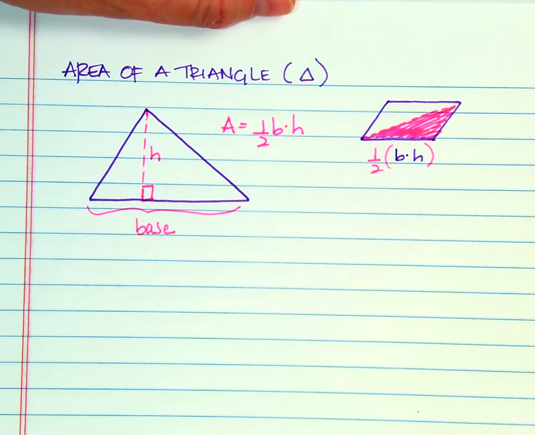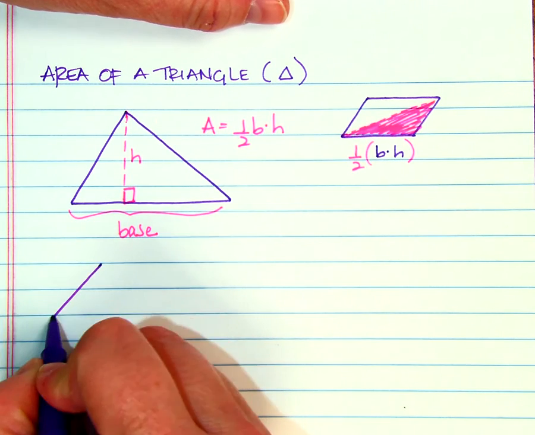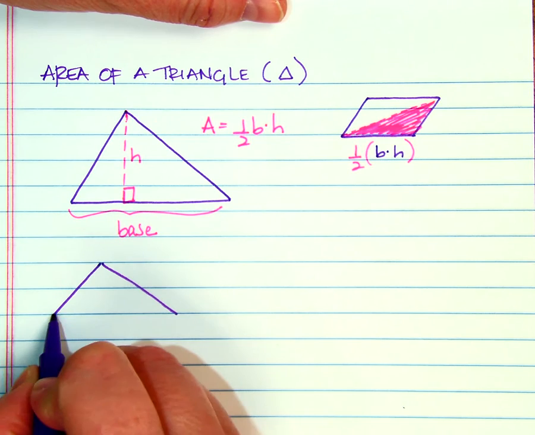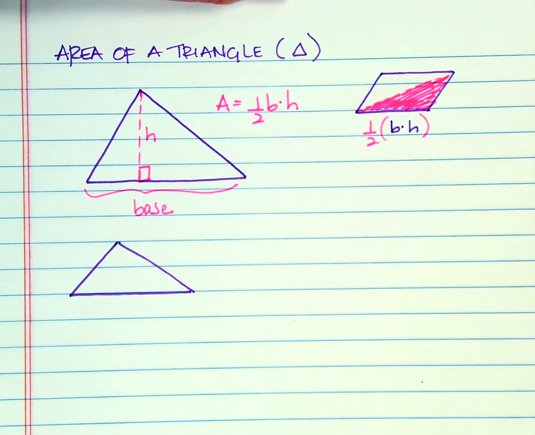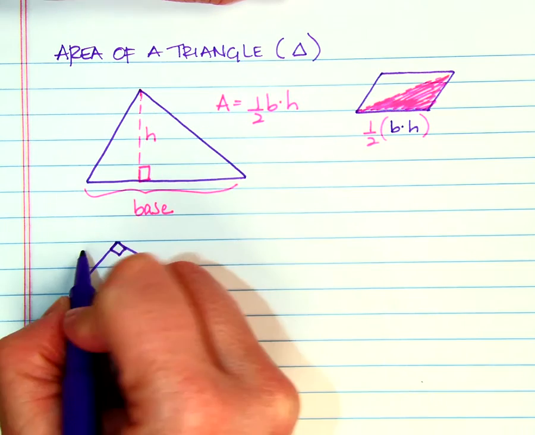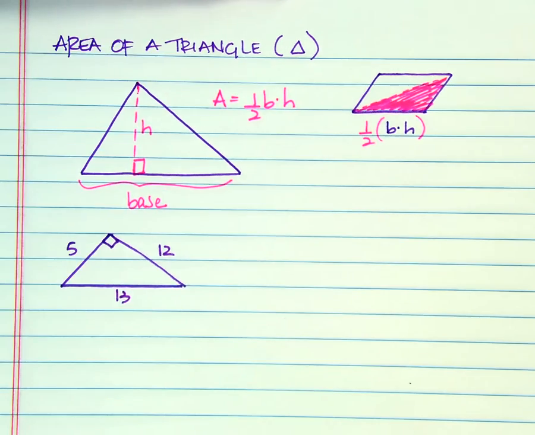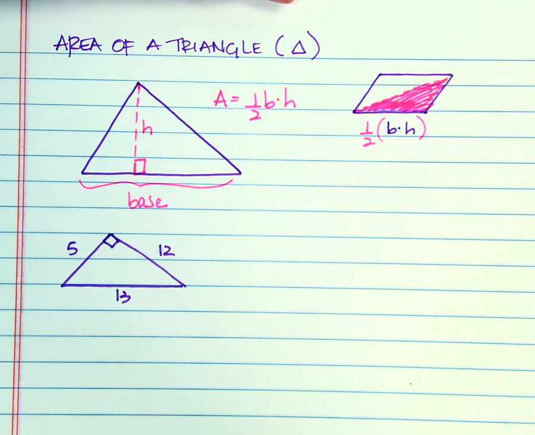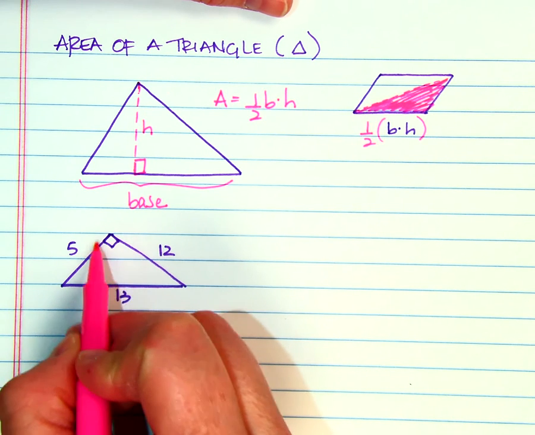The reason why I chose to do this in a separate video is because there's several different types of triangles. If we specifically have a right triangle, and that's all we have, and it says find the area of the triangle, you're thinking, well, I don't have a height. But remember, the base and the height are the two pieces that are perpendicular.